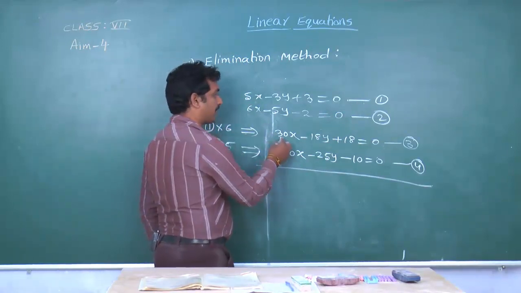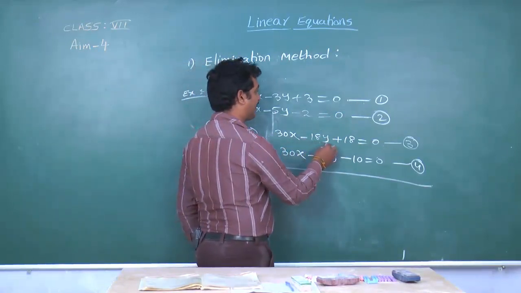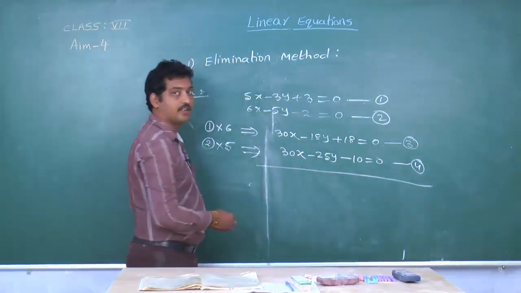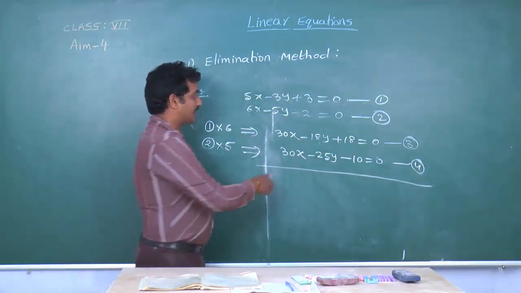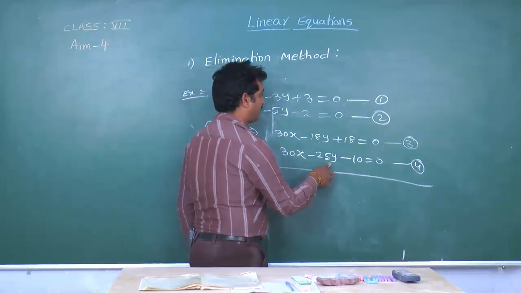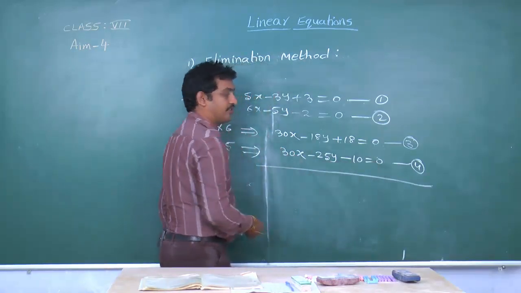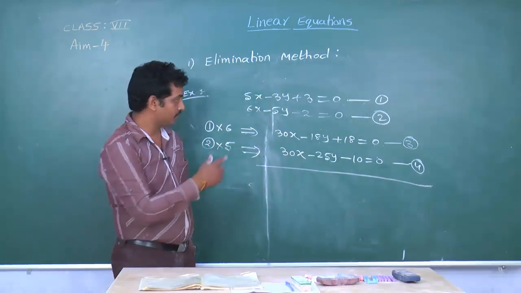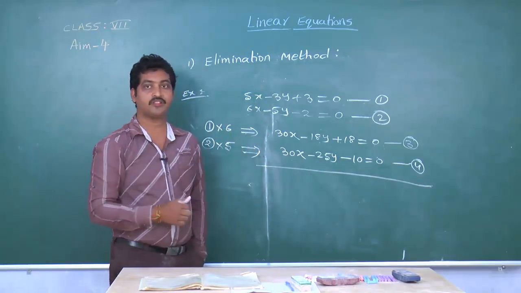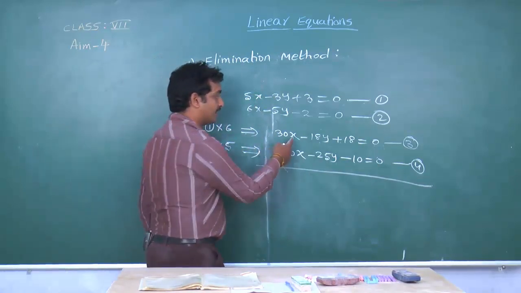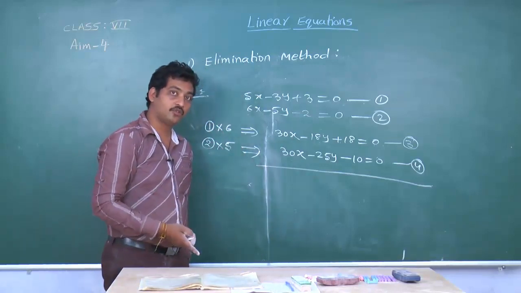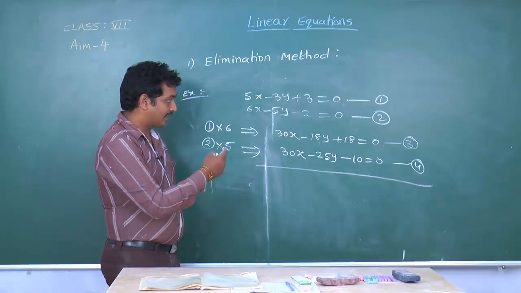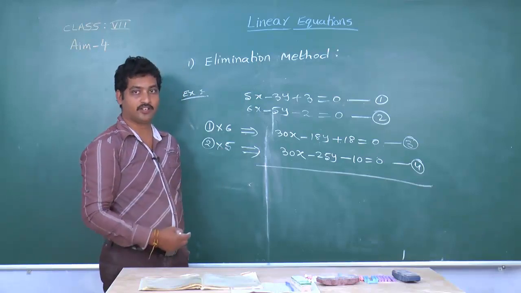Then the first equation becomes 30x minus 18y plus 18 equals to 0. Let it be 3. The second equation becomes 30x minus 25y minus 10 equals to 0. Now what do you observe between these two equations, 3 and 4? The coefficients of x are equal. Now there is a chance to eliminate x from the two equations.